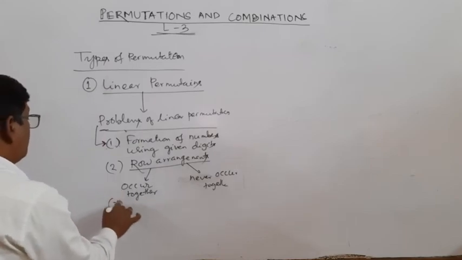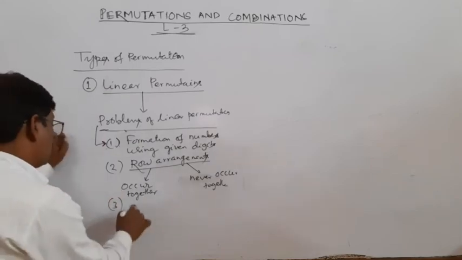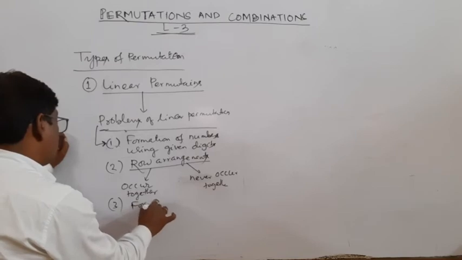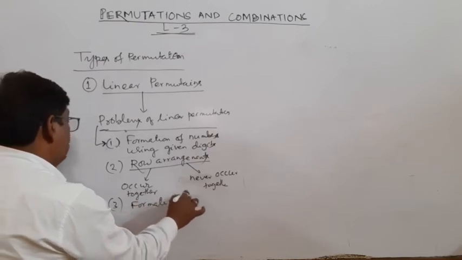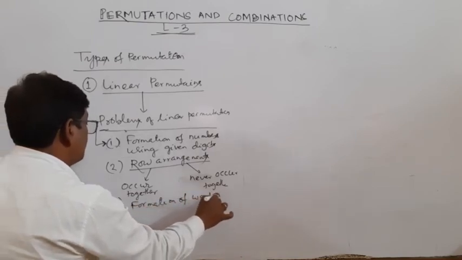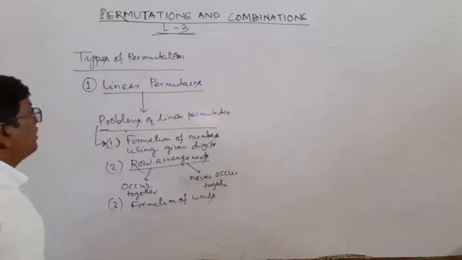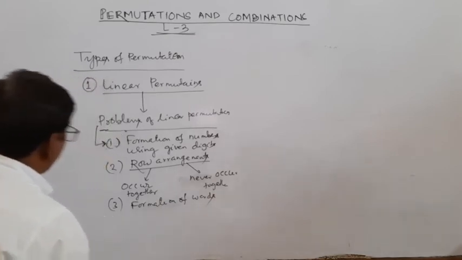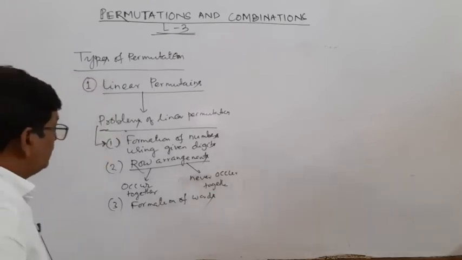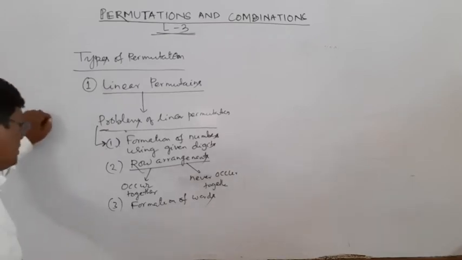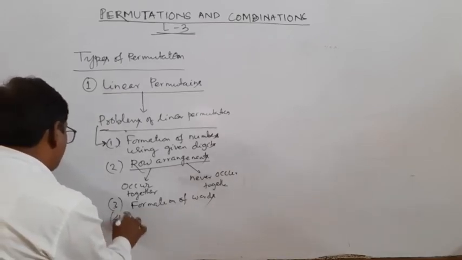Third is formation of words, and fourth one is restricted permutation.